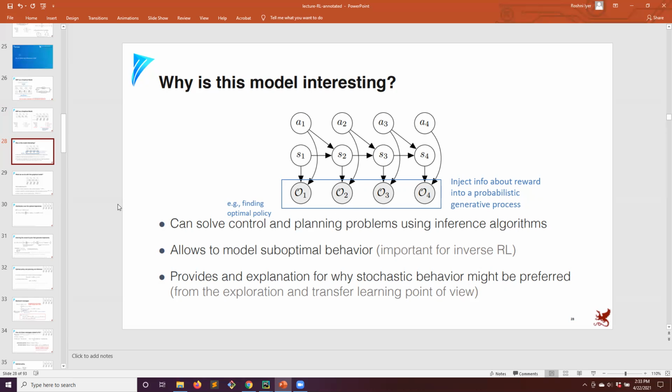They can help in various things, such as finding the optimal policy, or planning problems, such as what is the next action to take given that I'm in some particular state. In other words, I would be finding various trajectories, determining which one is the best or optimal trajectory for the agent, and then picking an action that's part of that trajectory. So it can be useful in a planning problem.